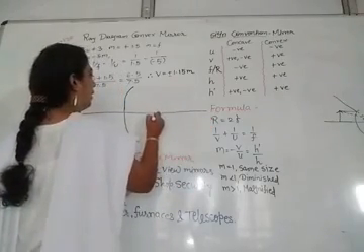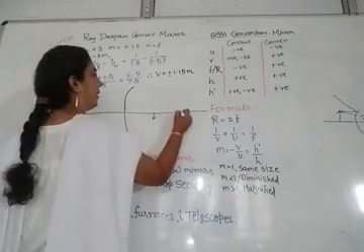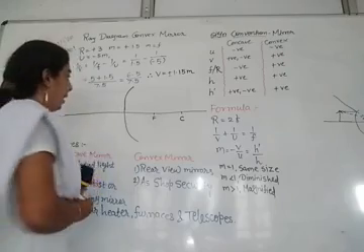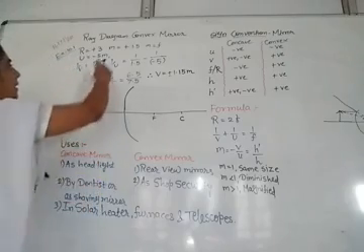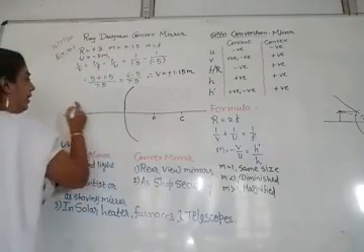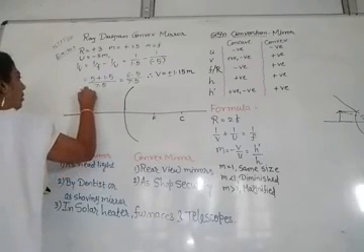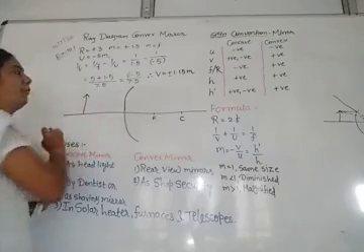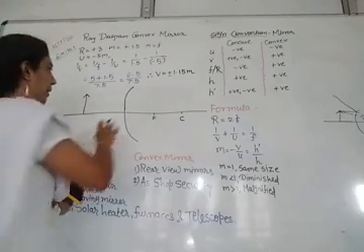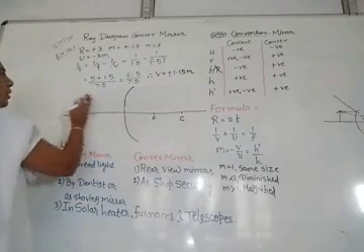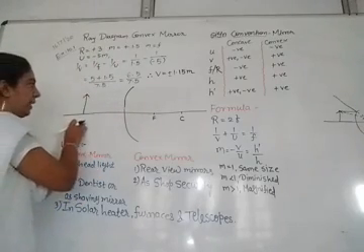So this will be our F and this will be our C. Now the object is placed 5 meters away. So object is placed somewhere over here in front of the mirror. So this object distance that is on the left hand side is minus.